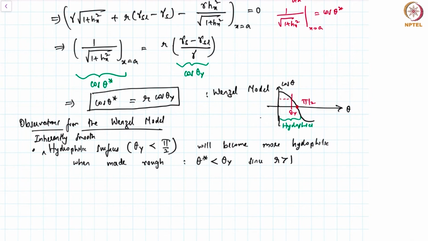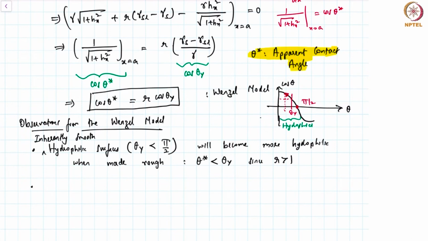So it means that you essentially move up this curve, and therefore your effective, apparent contact angle is even less than the Young's angle. So theta star here, I should highlight, is also referred to as the apparent contact angle. This is the angle that typically one sees in an experiment. Okay.